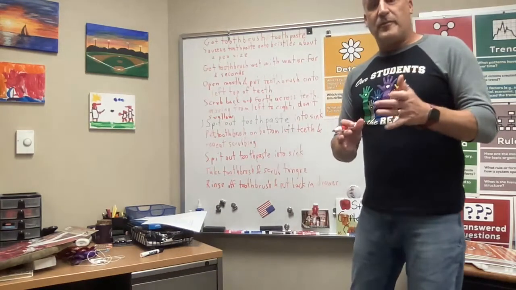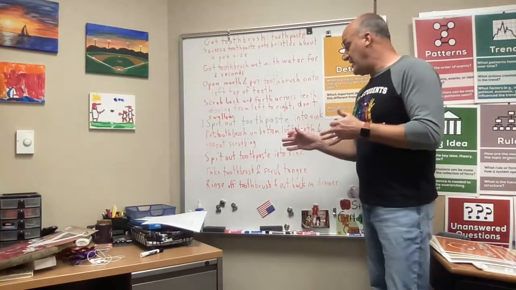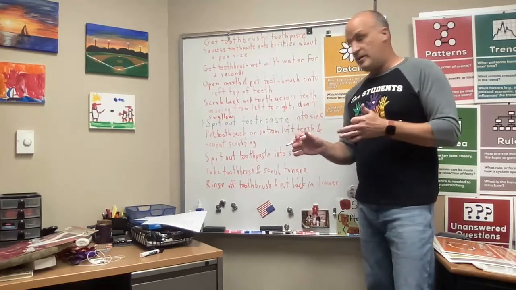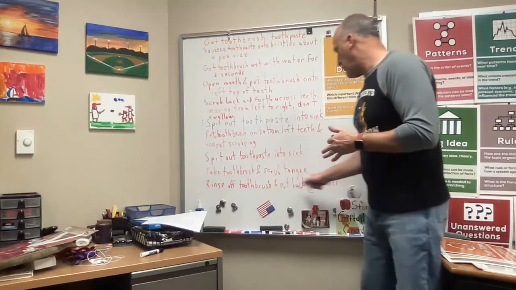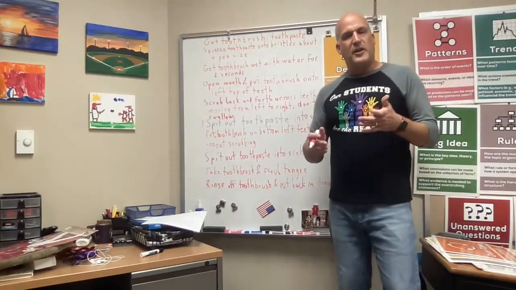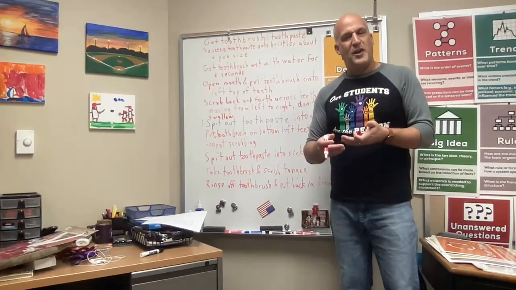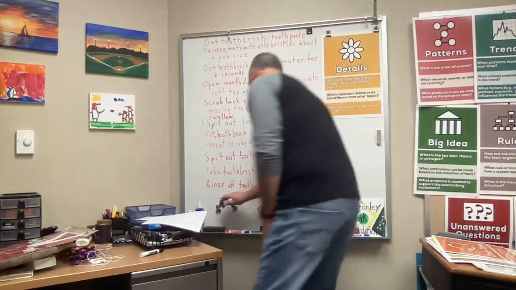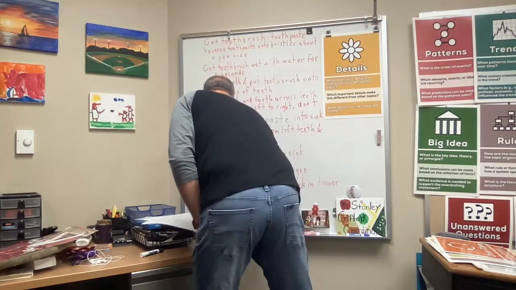So now the question becomes, are we missing any details here? Okay. So, one thing, we said rinse off the toothbrush and put back in the drawer. And then if we just leave and the water's still running, it's going to flood. So we have to make sure you turn off sink.